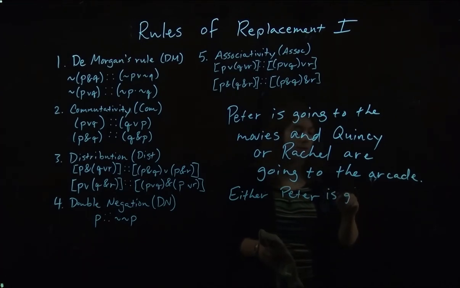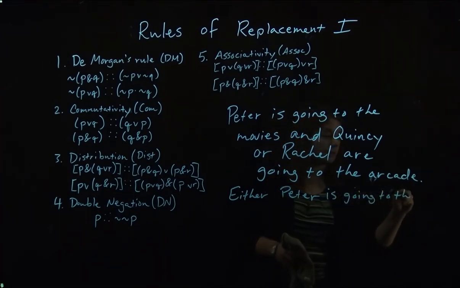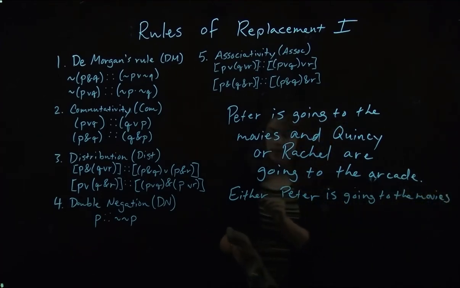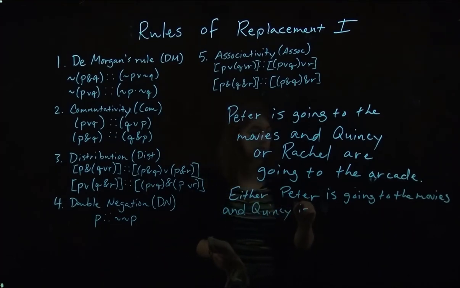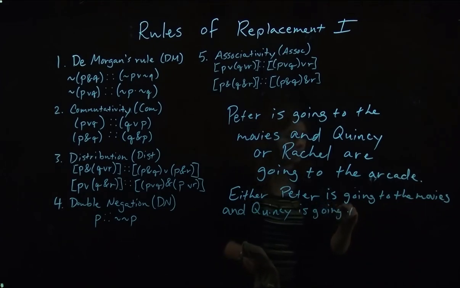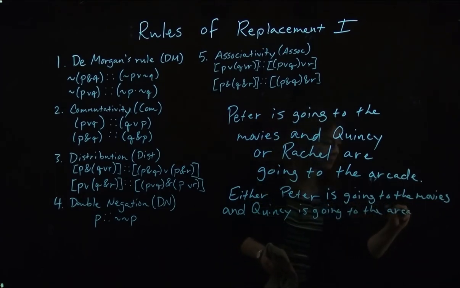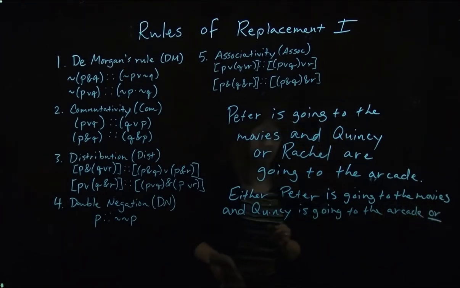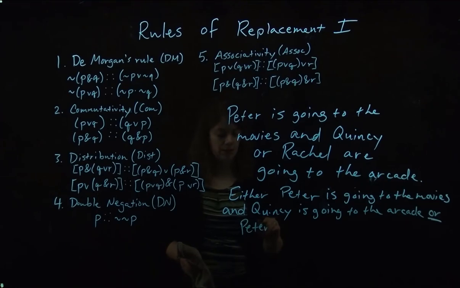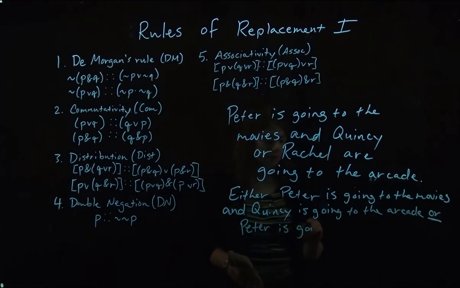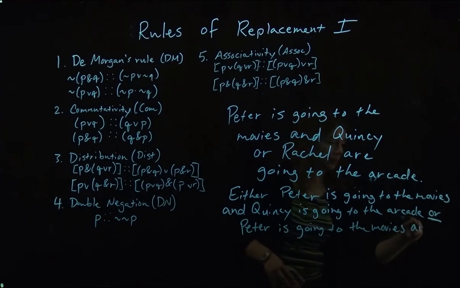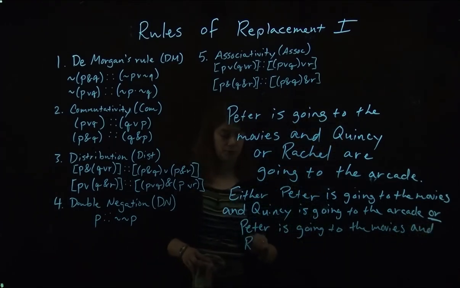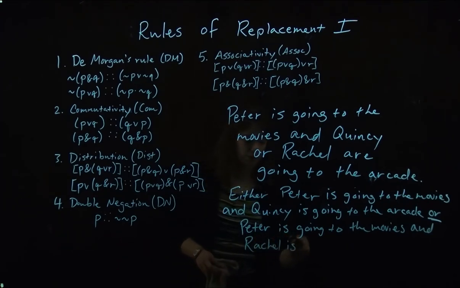Peter is going to the movies and Quincy is going to the arcade, or Peter is going to the movies and Rachel is going to the arcade.